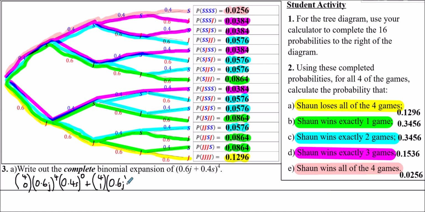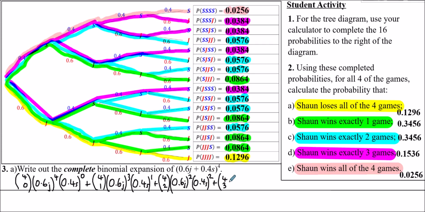0.6j, that goes down to a 3, 0.4s goes up to 1. Then we have 4 choose 2, 0.6j, we're going to square that one, then 0.4s, we're going to square. Not much space here.